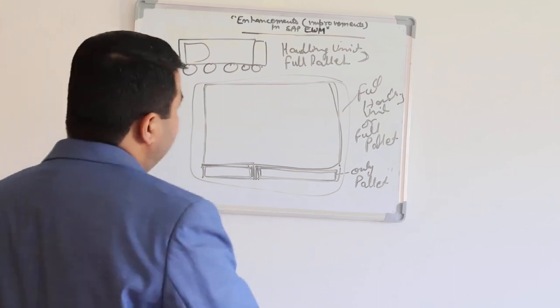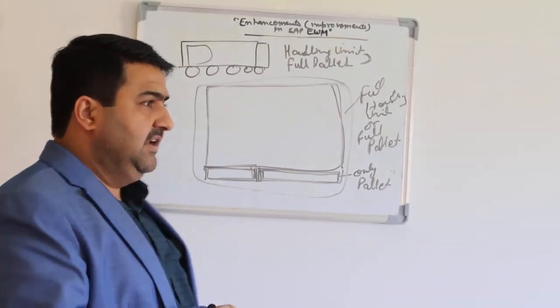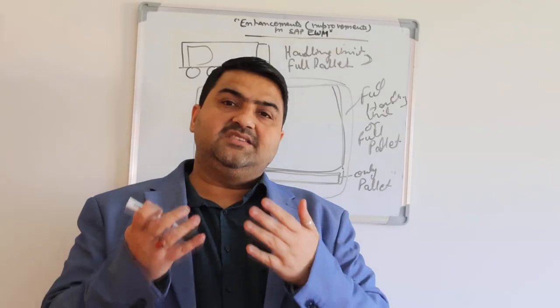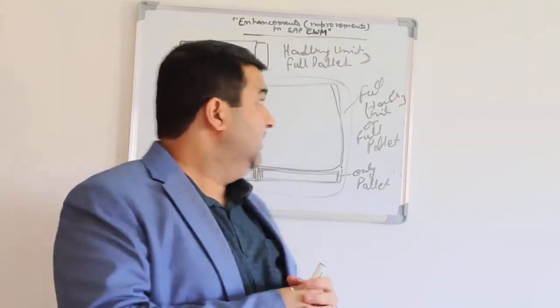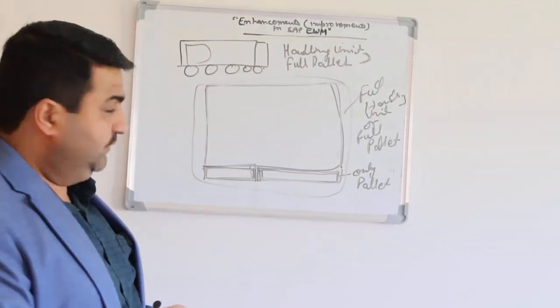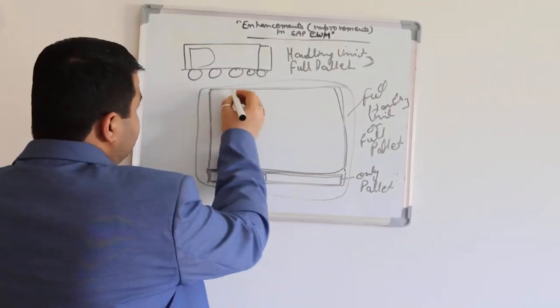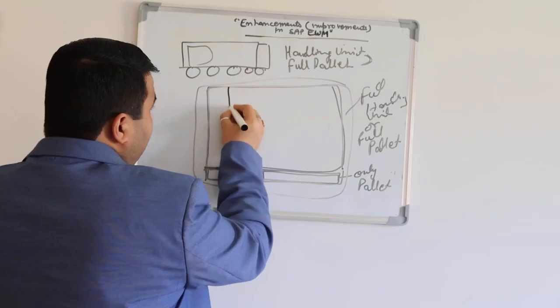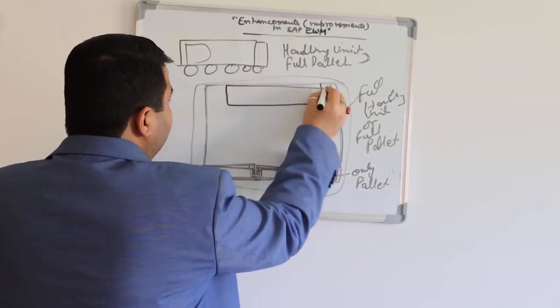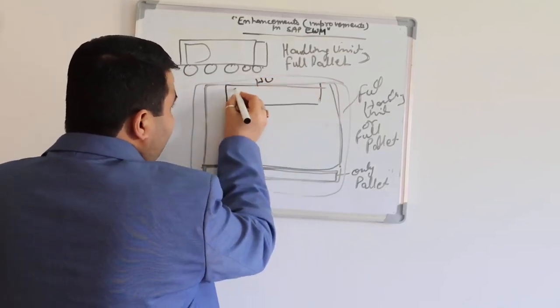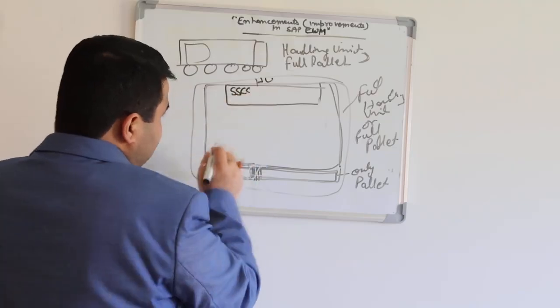Actually, recently our vendor started sending us the HU. Generally, in common warehouse business, we have one barcode on top of the handling unit. This is what we call SSCC.